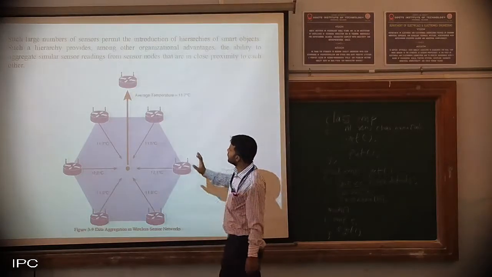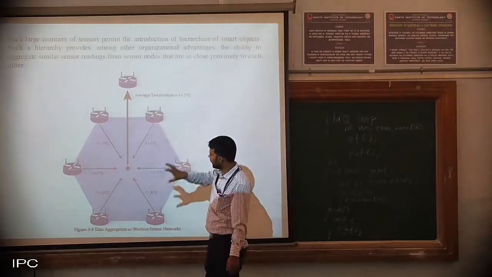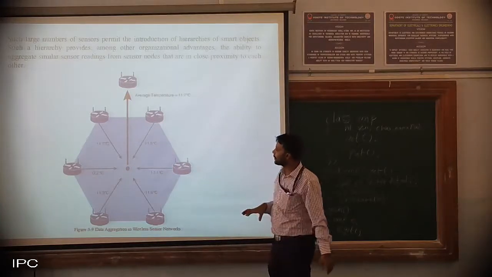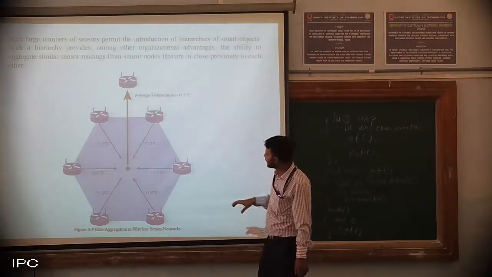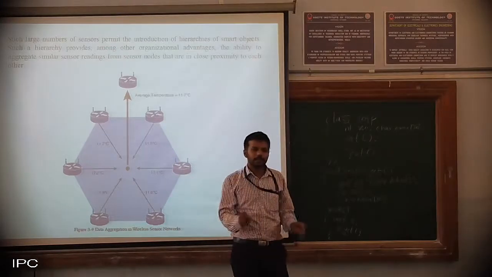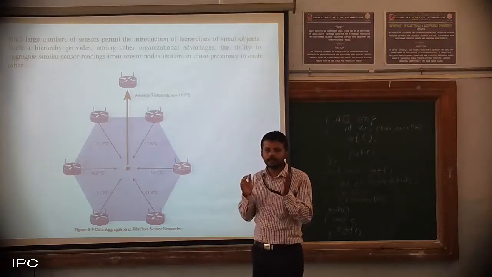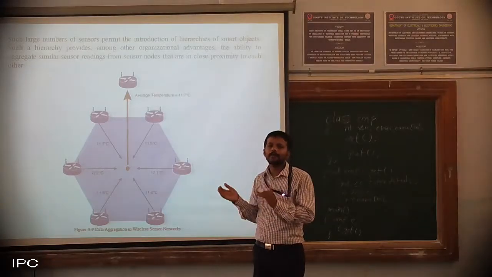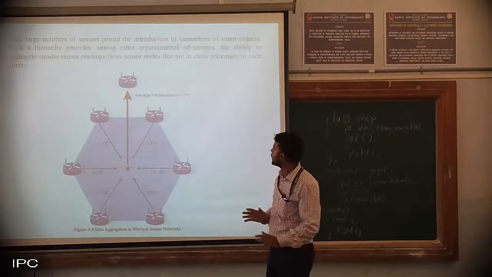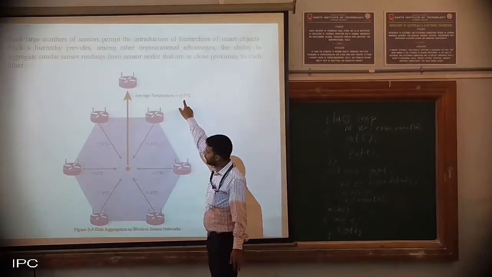In this hexagon shape, six sensors are placed, and all these six sensors are measuring the temperature and telling different values. If we take the average value, that will be more accurate. The average is 11.7.